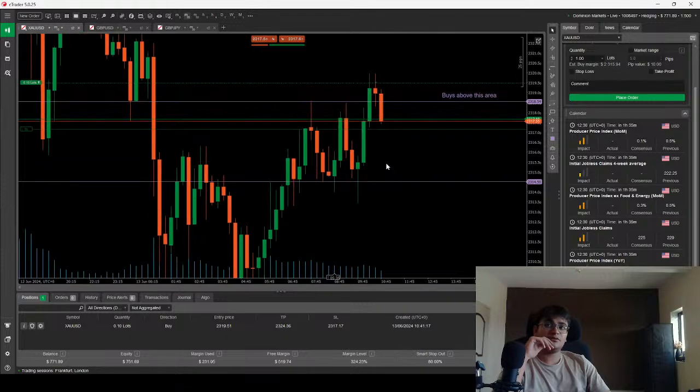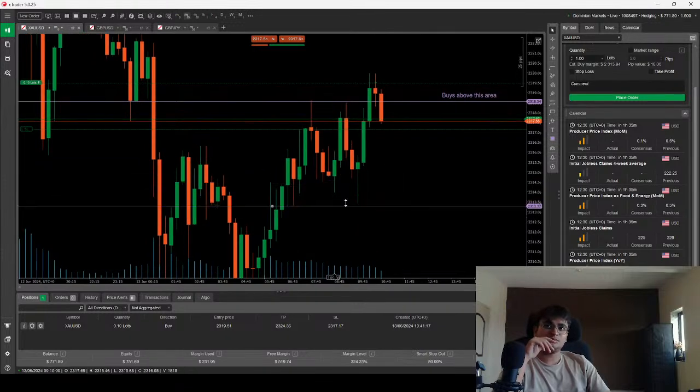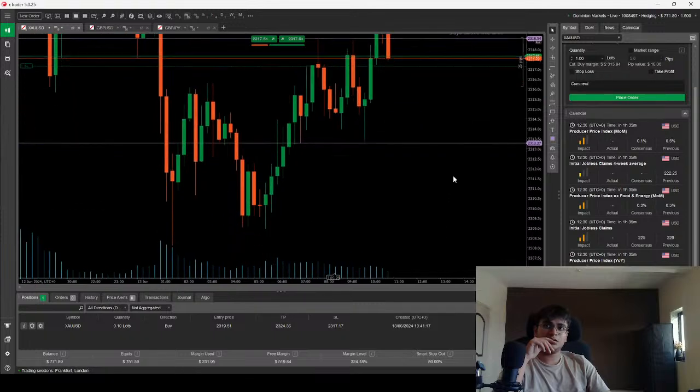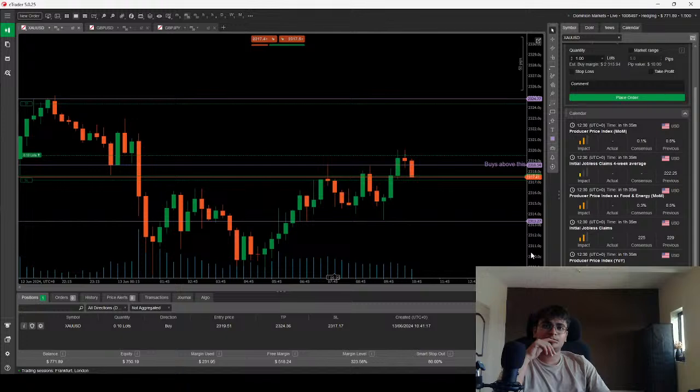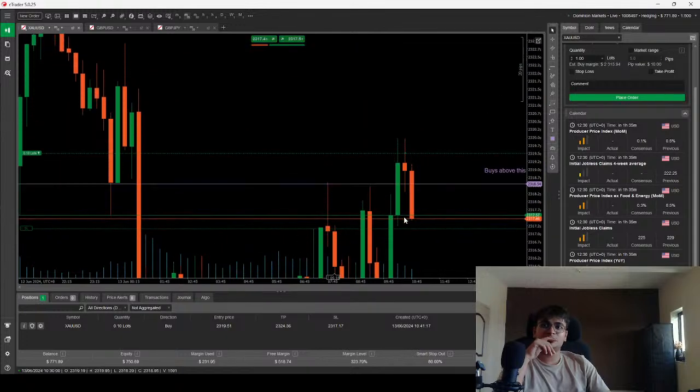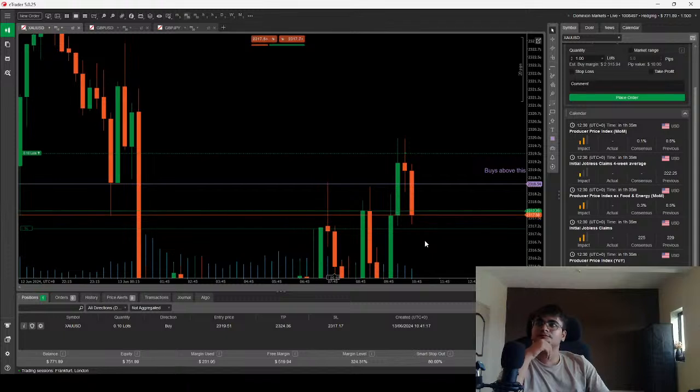If I am looking for sells, they should be below this area, or most likely safe sells will be below this area. And I will target these zones around 2,300. We'll see. Currently, looking at this, I don't think price is moving anything above. If it does close bearish, we see.